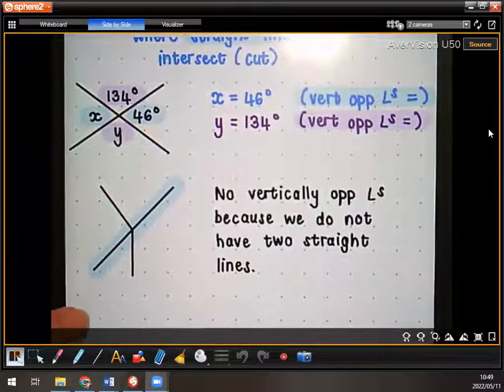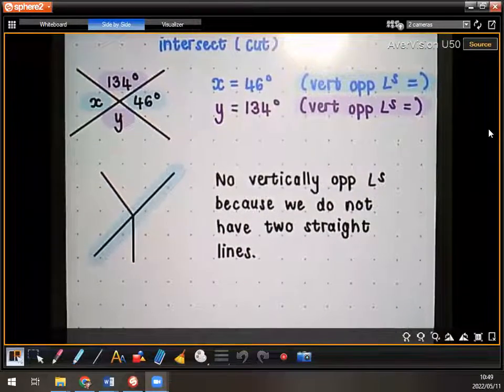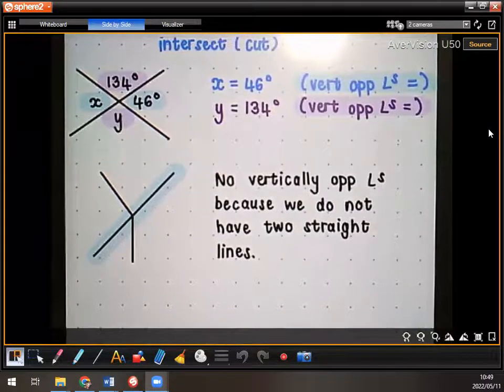Very important, guys: only if we have two straight lines. Okay, then number 4 is not a rule.